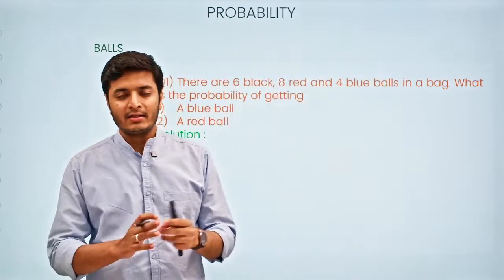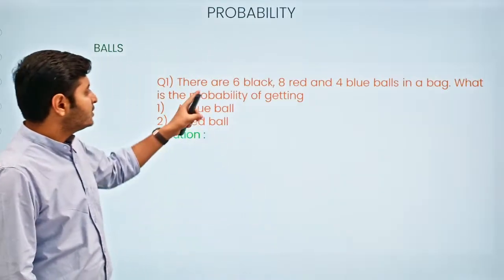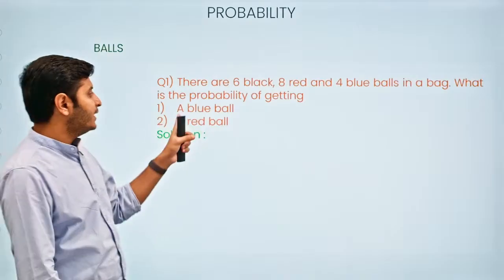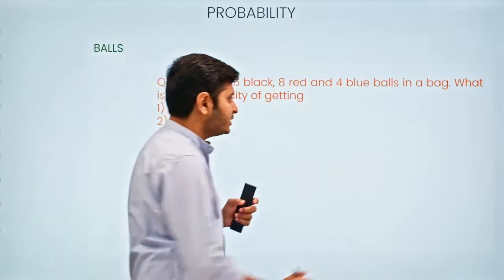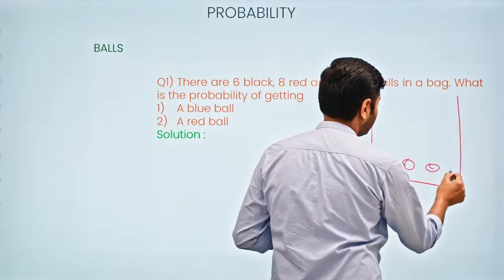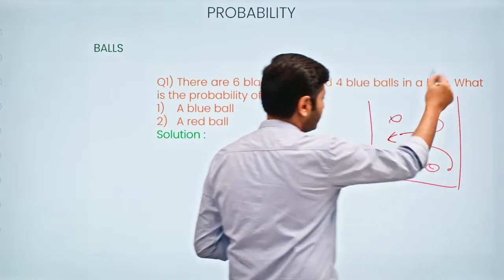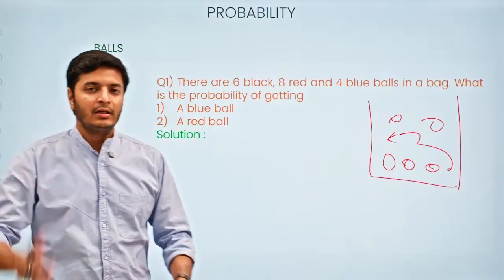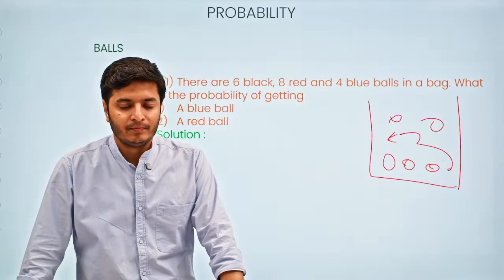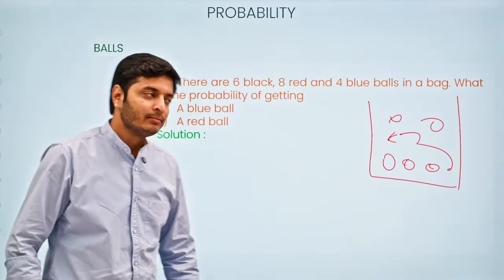Okay, a bag is there which is containing 6 black, 8 red, 4 blue balls. What is the probability of getting a blue ball? Okay, suppose this is the bag. We are having balls at random here in this bag. If you are putting your hand and taking out a ball from this bag, then what are the chances? It can be any colored ball, correct?